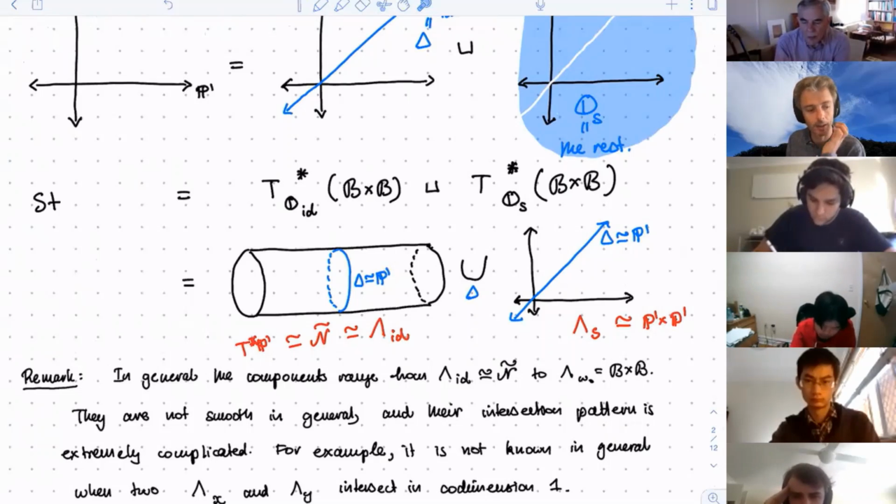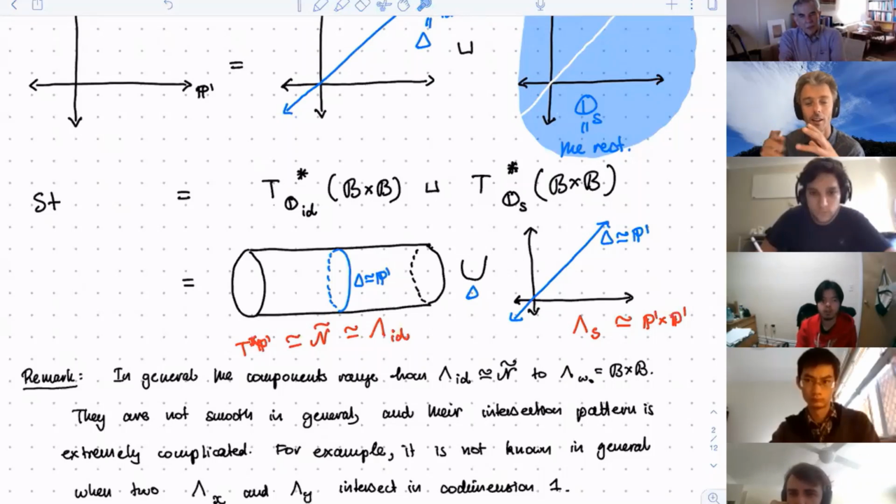I really like something that I believe I read in something that Macpherson wrote about Kottwitz. And he was talking about affine Springer varieties, and he was saying how their complexity is totally beyond our ability to comprehend, but we still need to be able to kind of spot patterns and see things in this very, very complicated world.